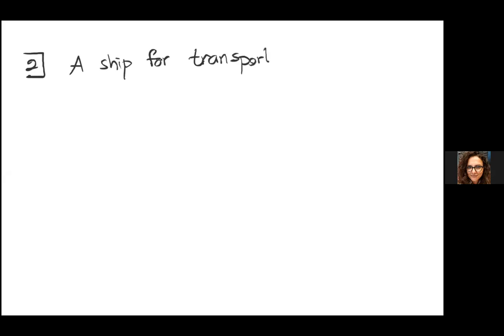Problem number 2. Again in algebra, a ship for transporting goods among countries. So it's a cargo ship.